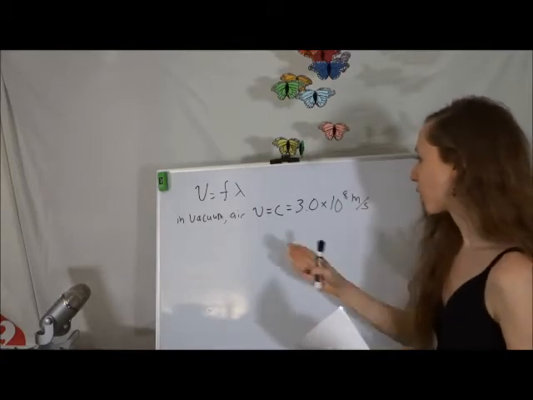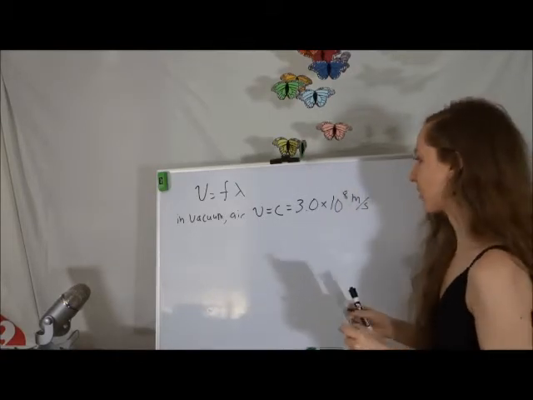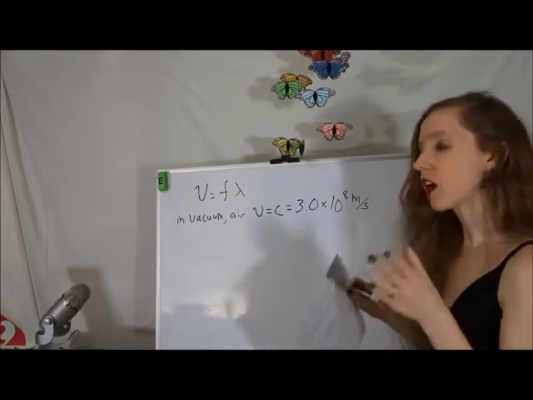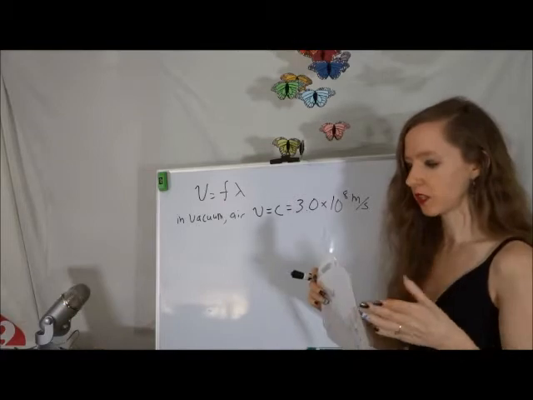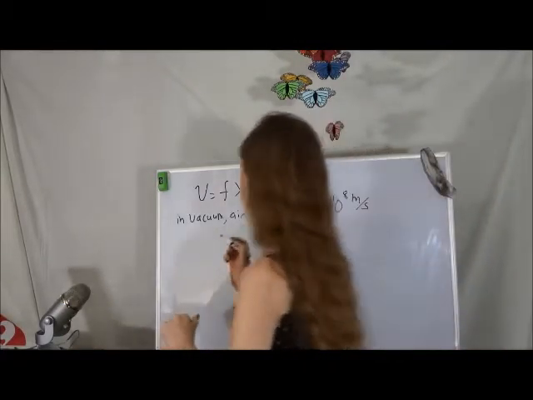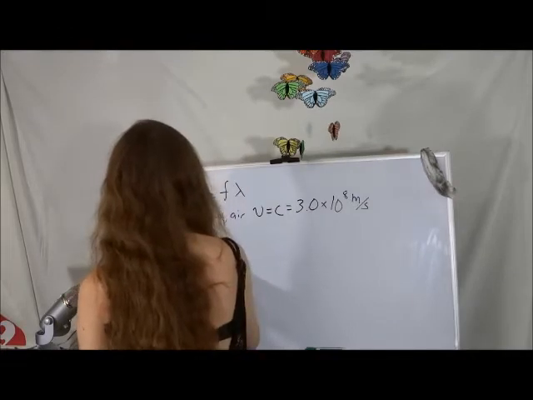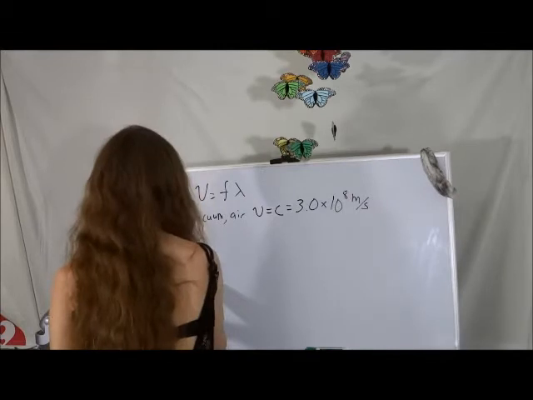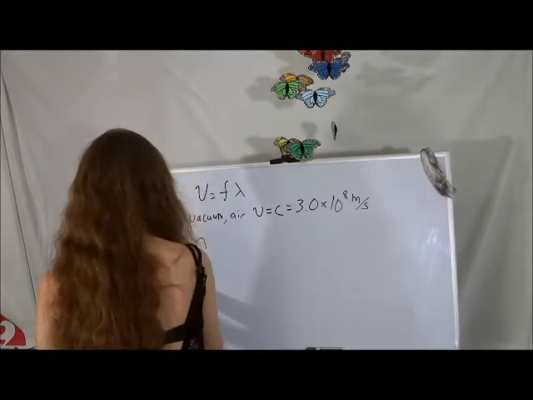Well, it turns out that our light is actually going to slow down when it hits other materials. So we have what's called the index of refraction, and we'll talk a little bit later today about what refraction means. But for right now, all you need to know about the index of refraction is that it's a property of a material. So it's a constant for a given material, and we use the letter n to denote it. So this is our index of refraction.